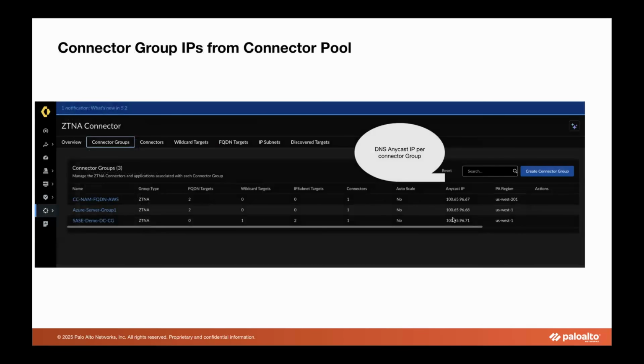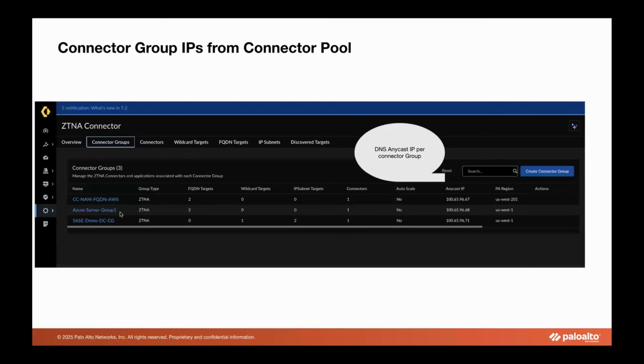Now, moving forward, I also wanted to talk about the Anycast IP allocation. So this is how the ZTNA connector page looks. Once you come to the connector workflow, you will see the overview page, where you will see how to enable ZTNA connector and the license information. Then you have the connector groups here.